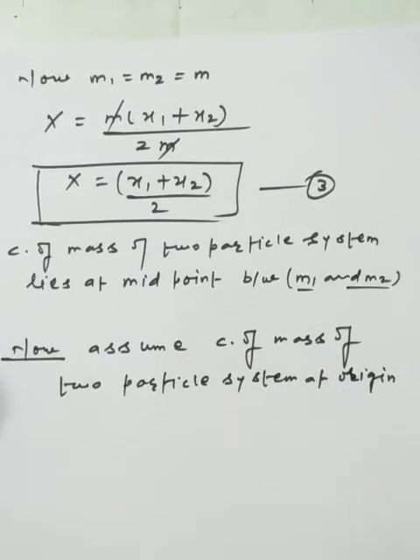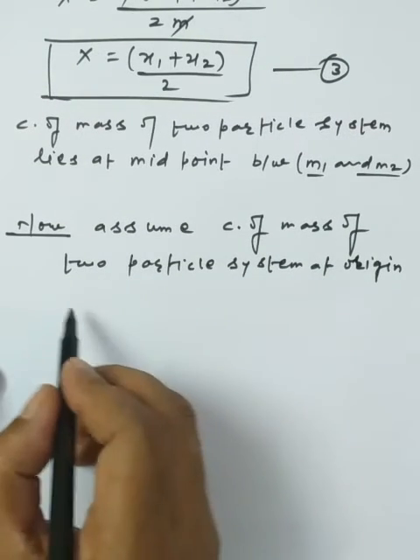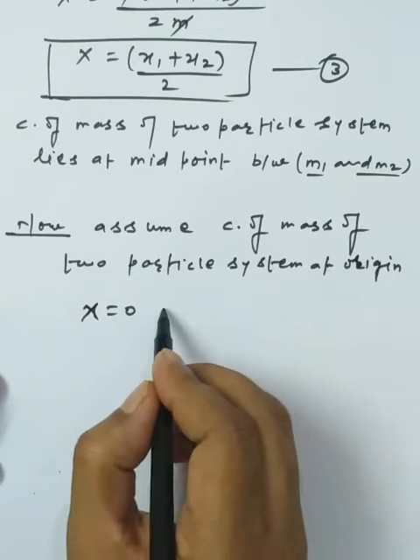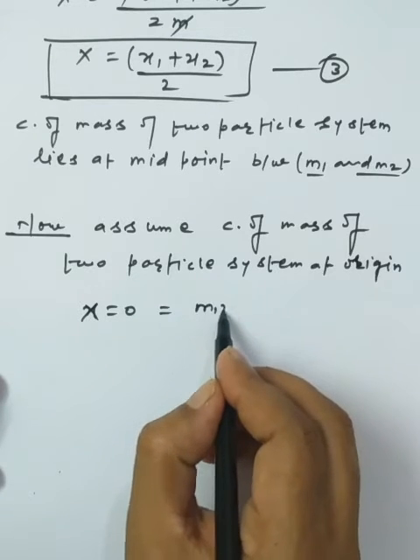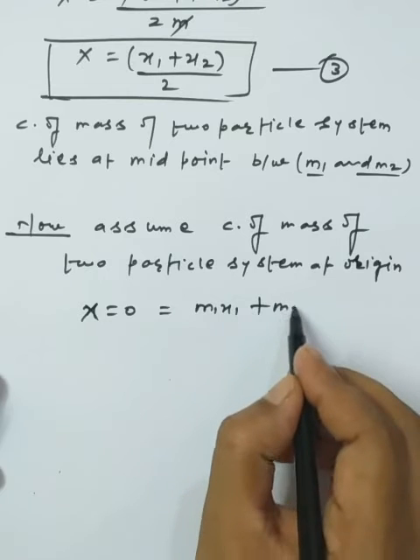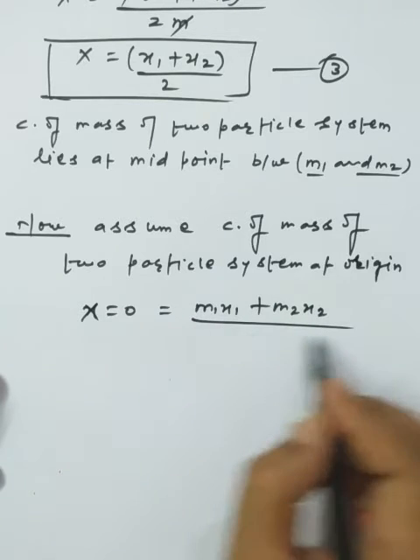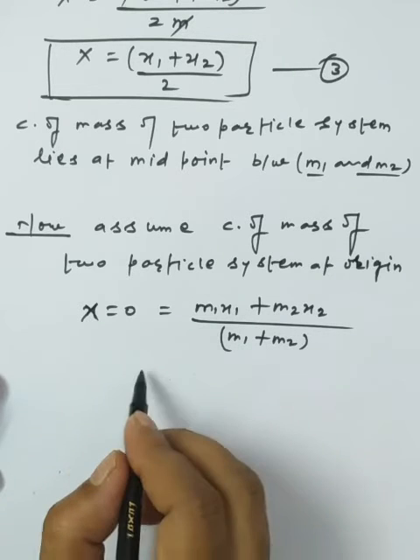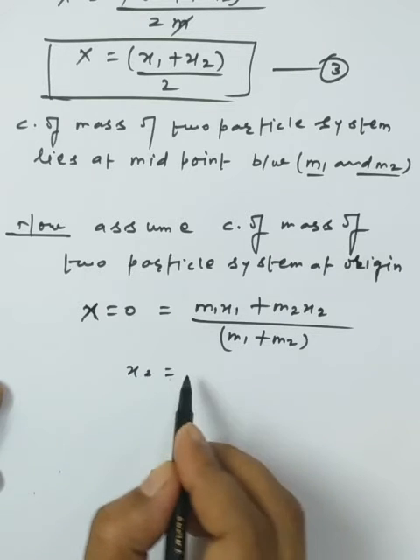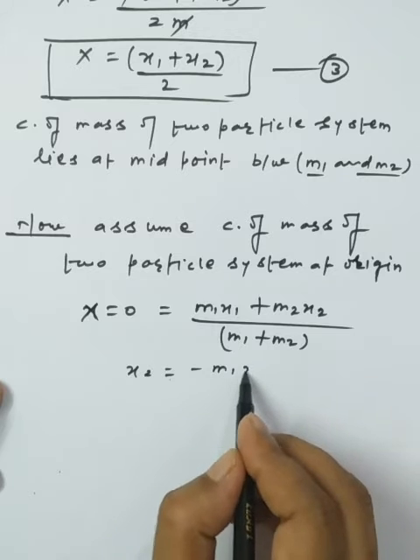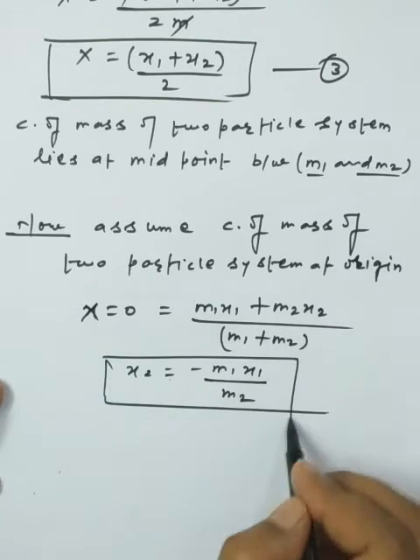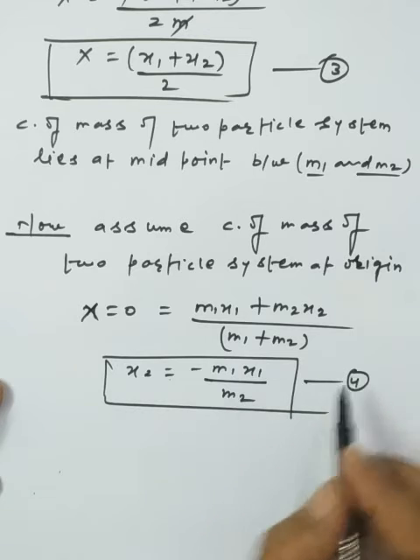So we are imagining that x is equal to 0. Suppose x is equal to 0, so we can write that m1 x1 plus m2 x2 divided by m1 plus m2 is 0, and easily we can state that x2 is equal to minus m1 x1 divided by m2. So this is the general equation we have, that is equation number 4.